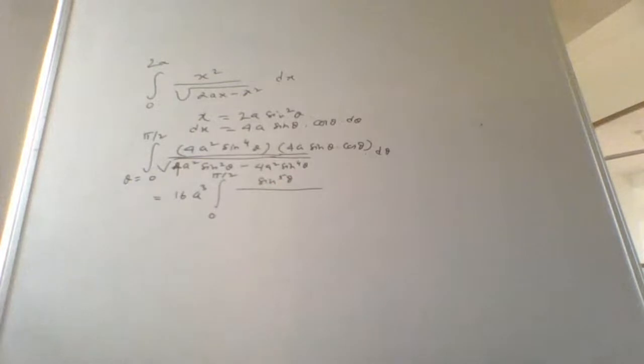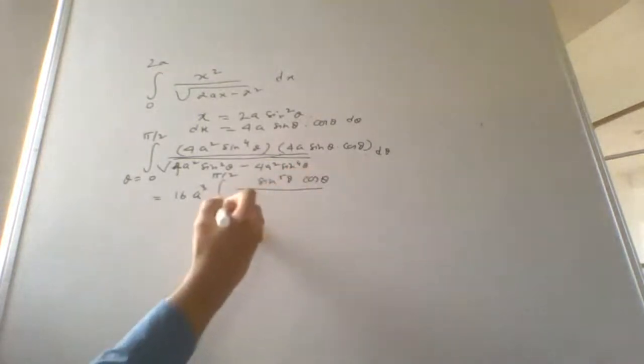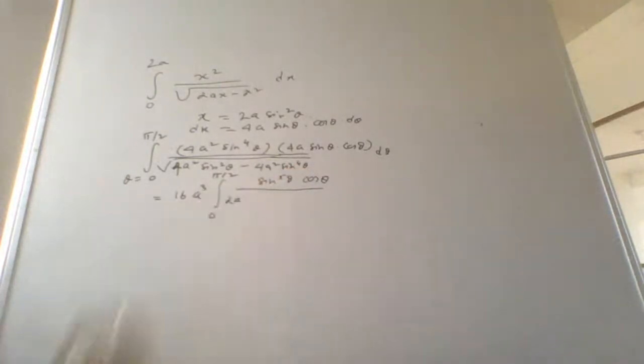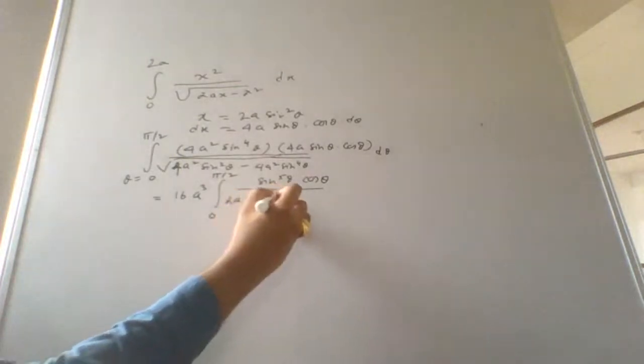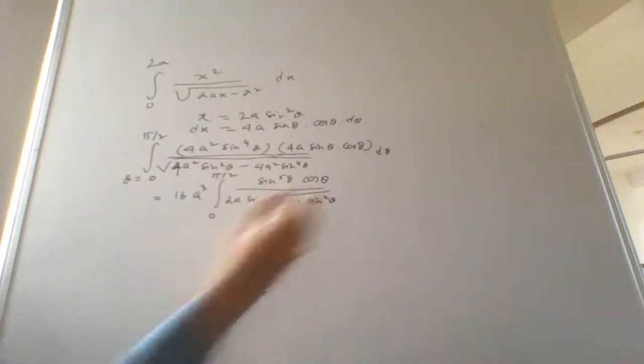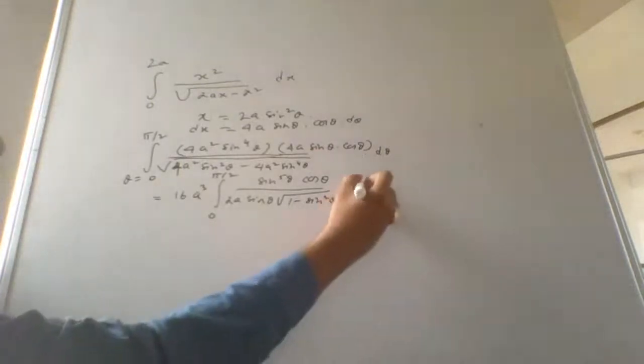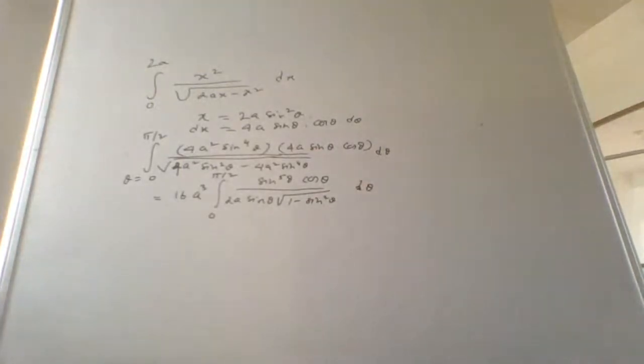Now for the denominator, I'll have 2a sine theta square root of 1 minus sine square theta, d theta. That's what I got in the denominator.